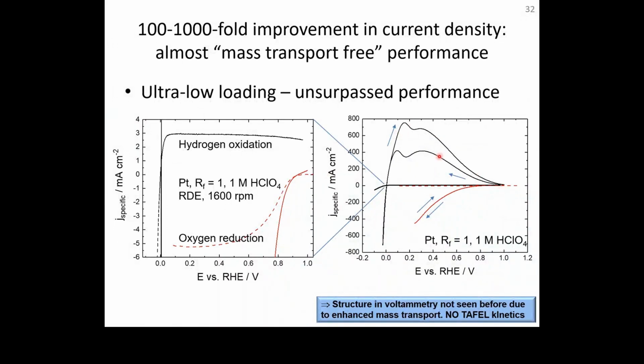So this is now what our hydrogen oxidation looks like, and this is what our oxygen reduction looks like. So this is a very nice approach which allows us to study these sorts of gas phase reactions at really high mass transport rates, and to understand something about their true kinetics, something which has actually been very difficult to do in the past.